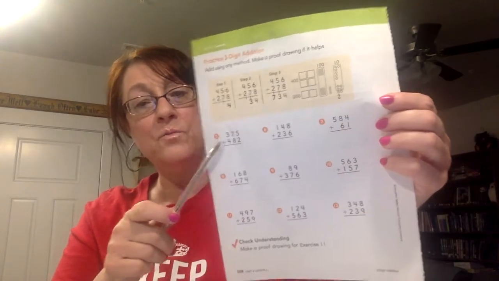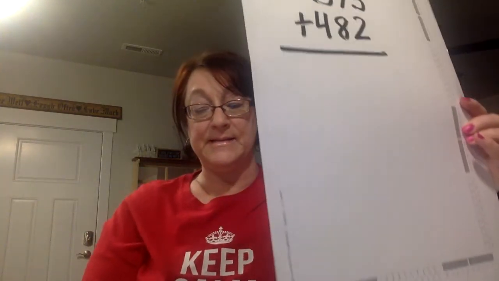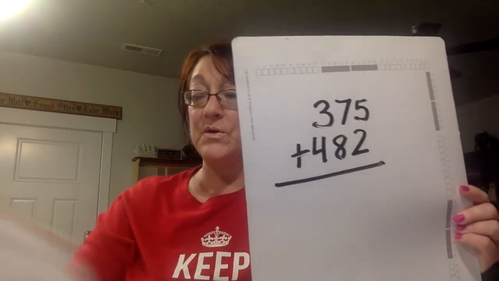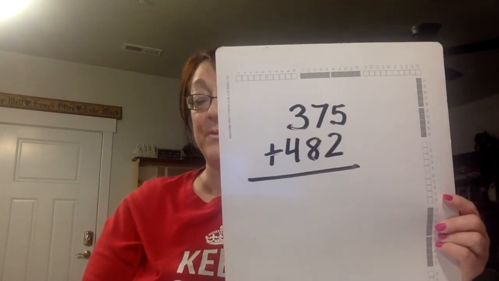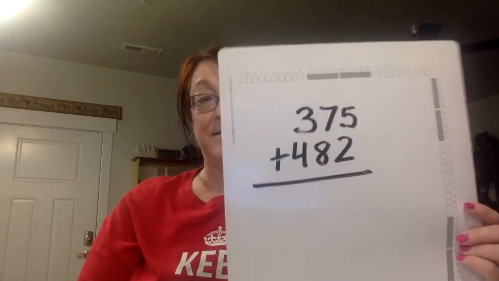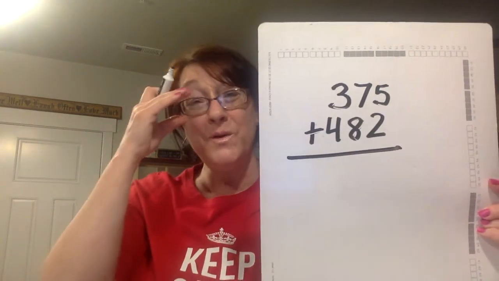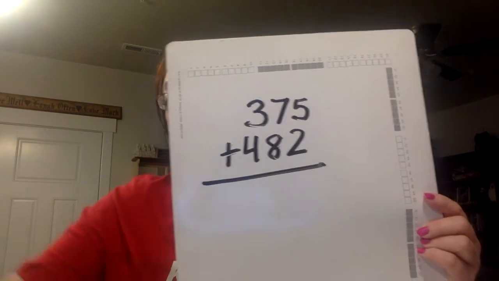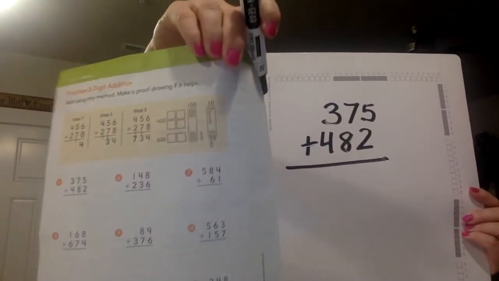So if you want to get your pencil ready, we are going to do 375 plus 482. And we are going to do this in the show all totals method, just to help you remember what that is. And then you can decide. I would like you to try at least a few of these on this page with the show all totals method.